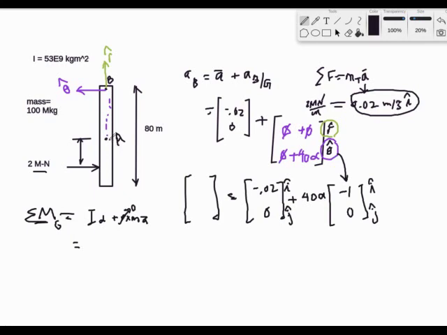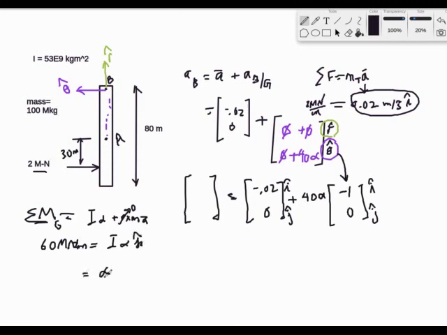So we've got the moment about the center of mass, which is point A, would be 2 million newtons times, this was 30 meters. So this was 60 million newton meters. That equals our I times alpha in the k-hat direction.